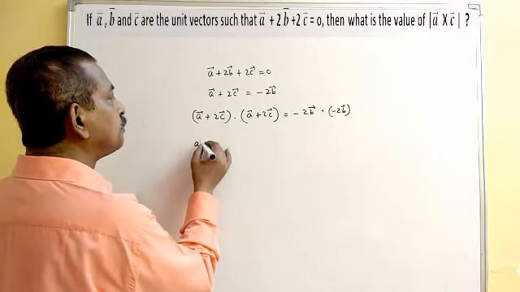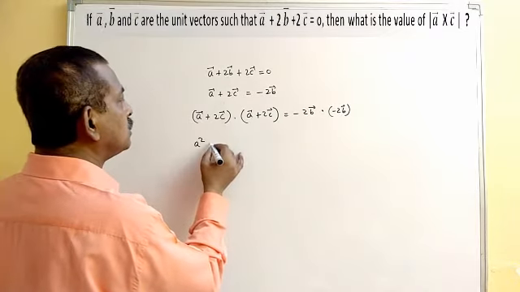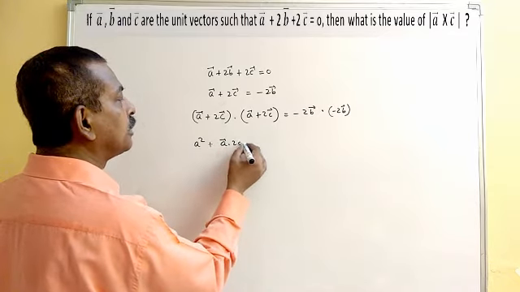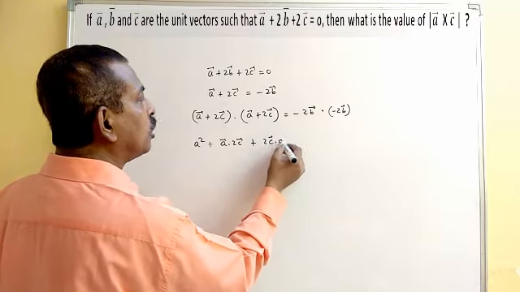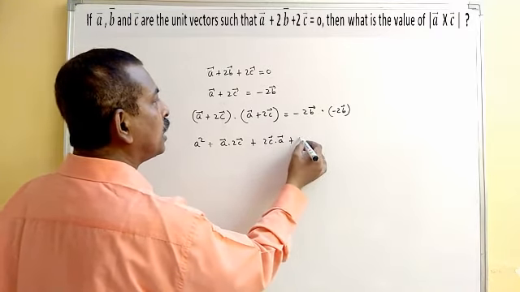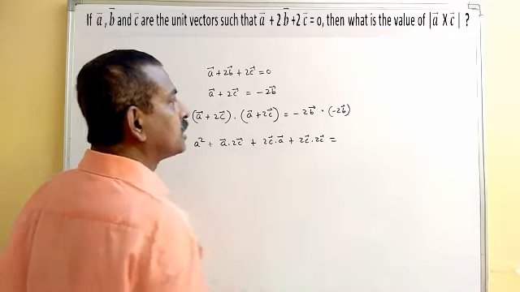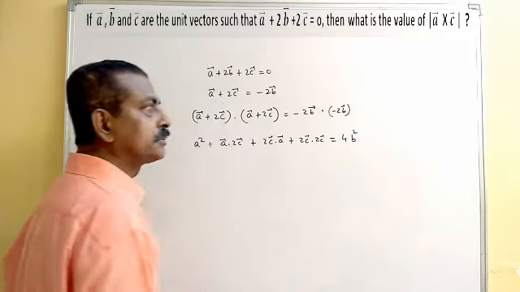So this is how much? This is your A square, it is A dot A. Then it is 2 times vector A dot vector 2C. Then it is vector 2C dot vector A plus vector 2C dot vector 2C. This is equal to 4 times B square.